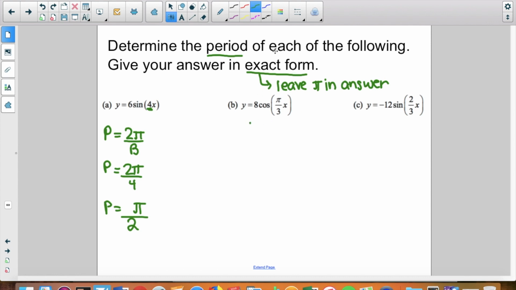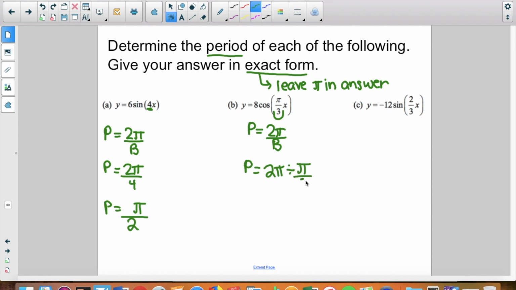Okay, moving on. So in this case, our frequency is pi over 3. So I'm always going to start by just rewriting the formula, as you can see, just so you get used to it. So the period is equal to 2 pi. Since the frequency is a fraction, I'm going to be writing it like this.